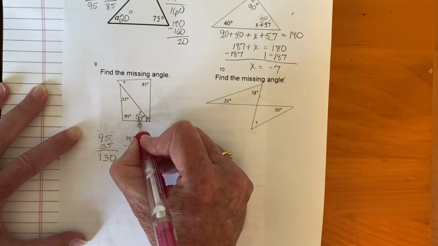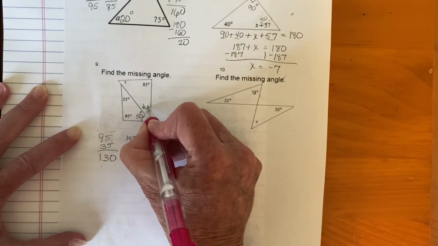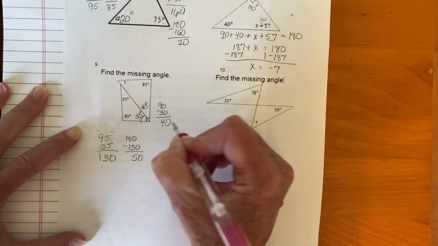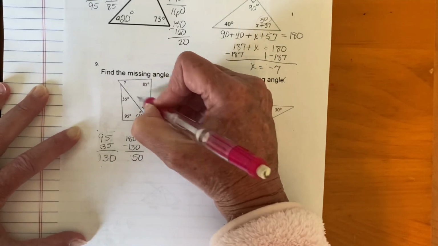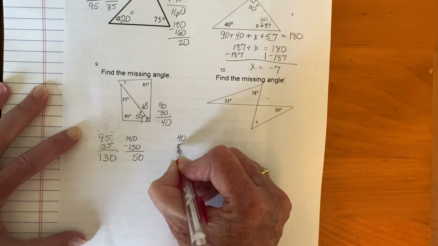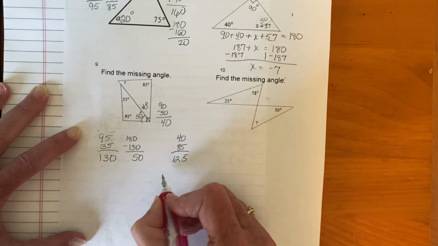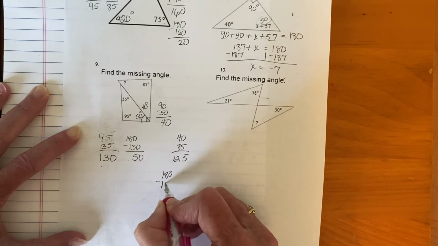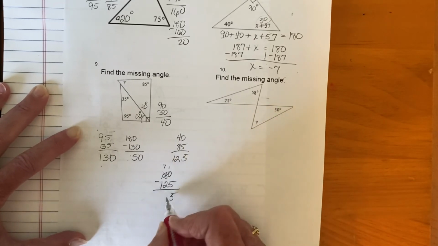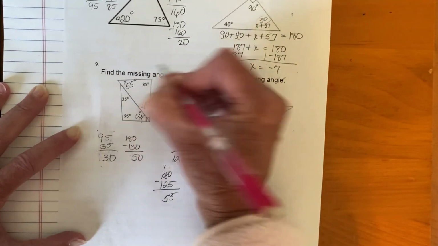So if this angle is 50 and these two angles make 90, that means this angle is 40, because 90 minus 50 is 40. All right, well now I've got two of the angles here, and I can find that missing one by taking 40 plus 85, which gives me 125. And then I'm going to subtract that from 180. So let's do some math here. 7 minus 2 is 5. So that means our missing angle up here is 55 degrees.